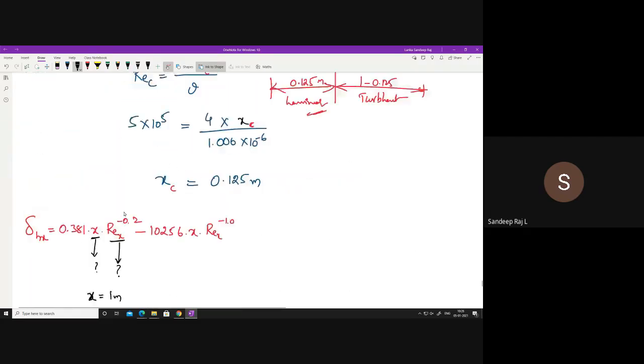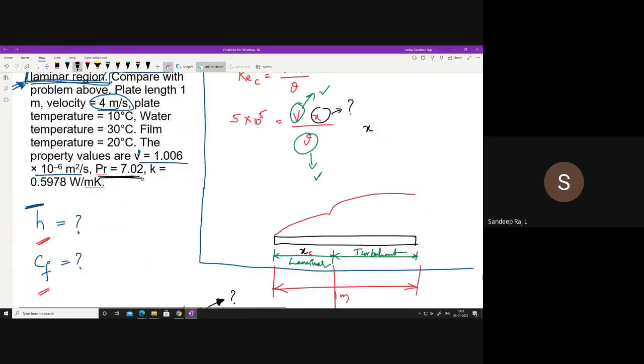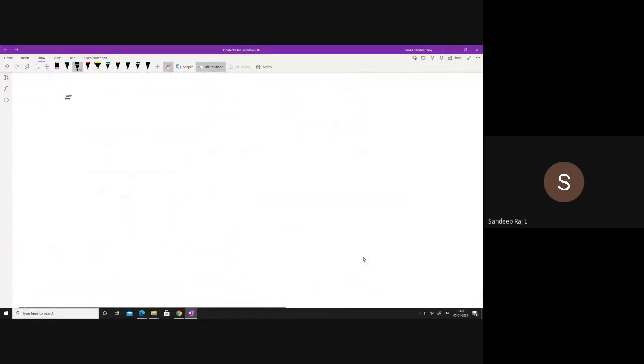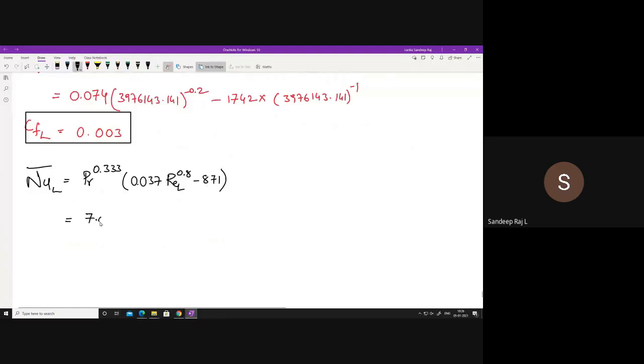The Prandtl value is given in the question here. Even if it is not given in the question, you can take it from the data book. It is 7.02 given here. 7.02 whole to the power of 0.333 into 0.037 into 3976143.141 whole to the power of 0.8 minus 871. Tell me what is this Nu_L bar value?